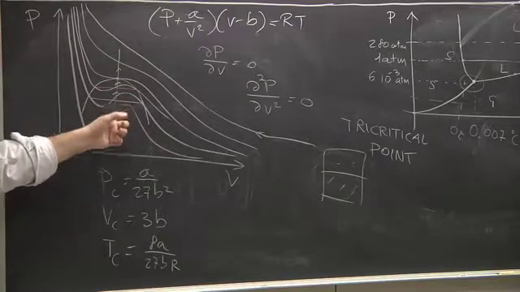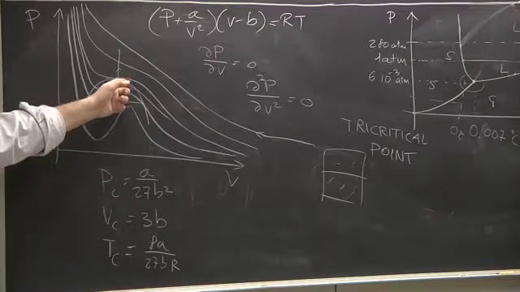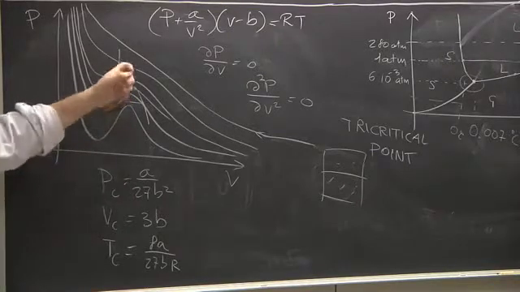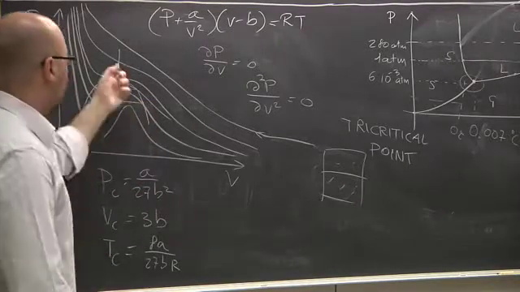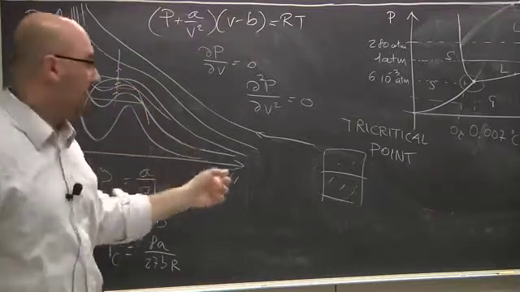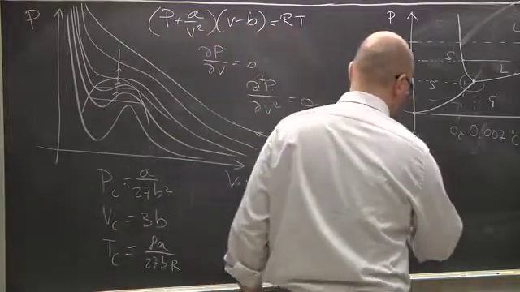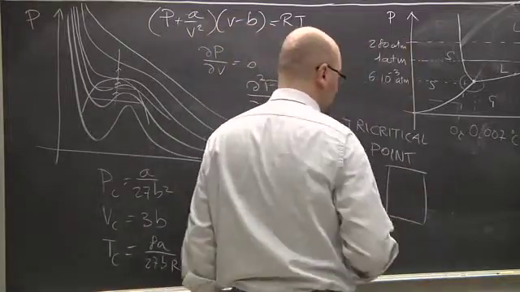There is some quantity of liquid, some quantity of gas here. Then you keep increasing the temperature, and at a certain point, when you approach this critical point, gas and liquid are not distinguishable anymore. And in fact, if you do the experiment, you don't see the line that separates the two substances anymore.